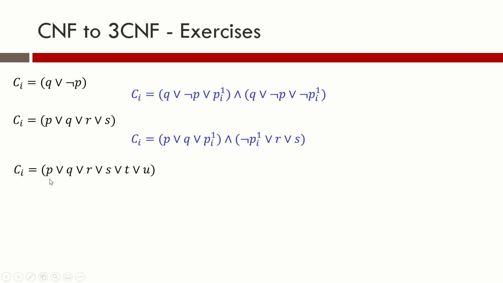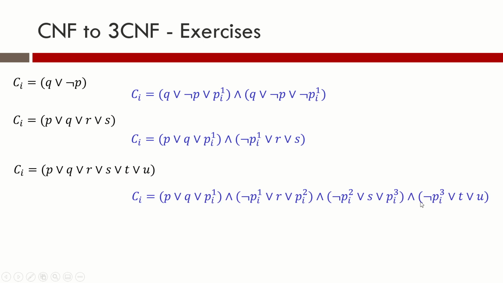So the clause will be transformed as P or Q or Pi1 and negation Pi1 or R or Pi2, and then negation Pi2 or S or Pi3, and finally we will have negation Pi3 or T or U. So this is how you convert a formula in CNF into 3CNF.